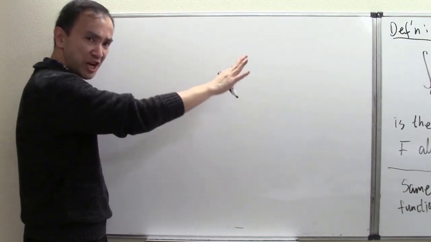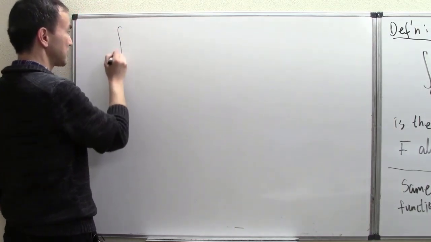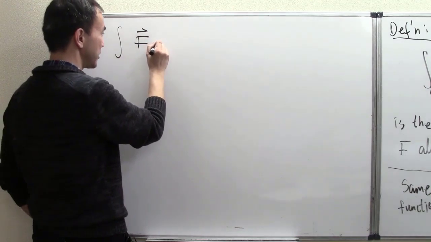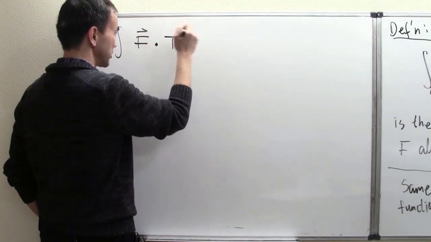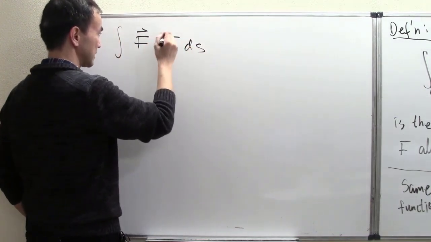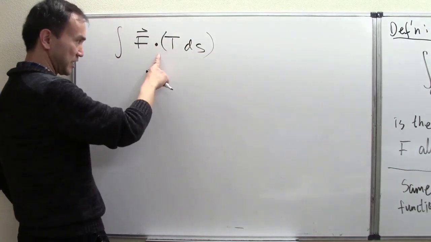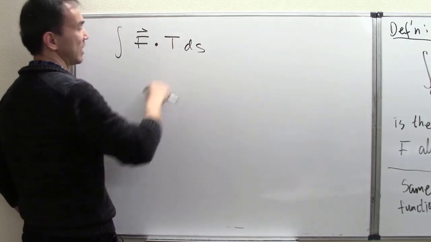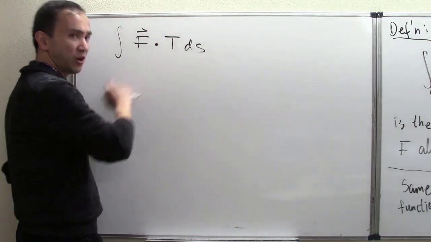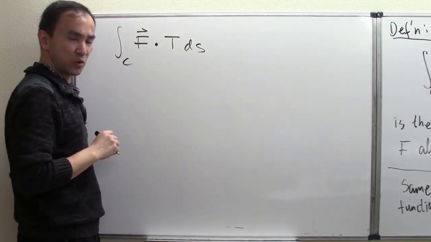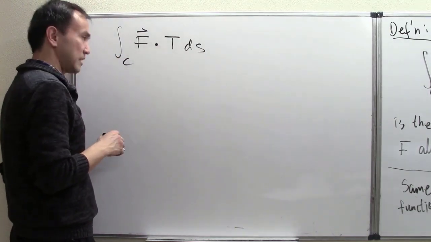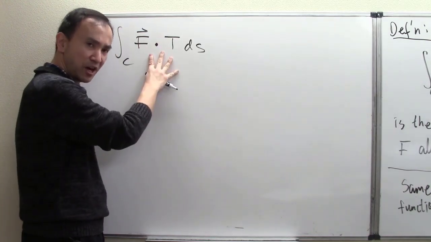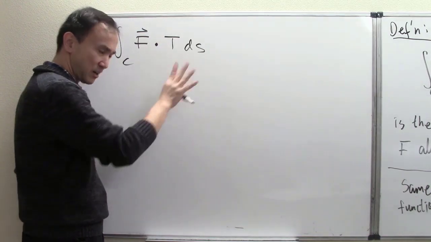The notation from our definition here is this: the force field, or vector field F, in dot product with the unit tangent vector, multiplied with ds. I tend to write that with parentheses, but usually it's not required. So this is one common form along the curve C, one form that you see a lot of times, but there are quite a few other alternative forms of the exact same line integral of the vector field, and I'll point them out right there.